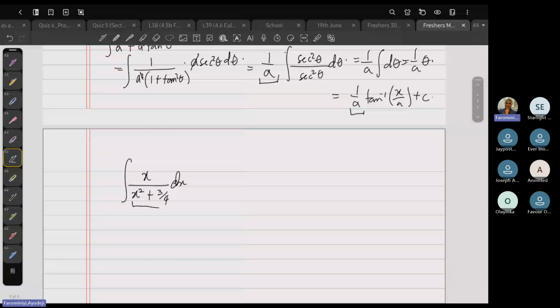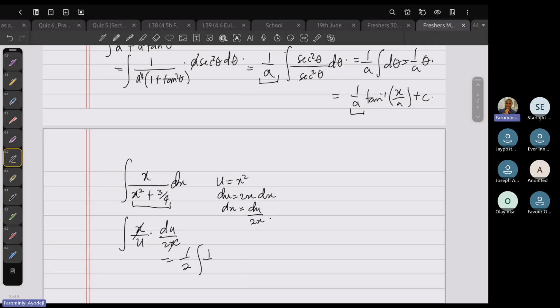So if you say u is equal to x squared, then du is equal to 2x dx, and it means dx is equal to du over 2x. So I can write this as x over u times du over 2x. So x cancels x. We are left with 1 over 2 integral of 1 over u du. That's exactly what I did there. Is that clear? Yes, sir.